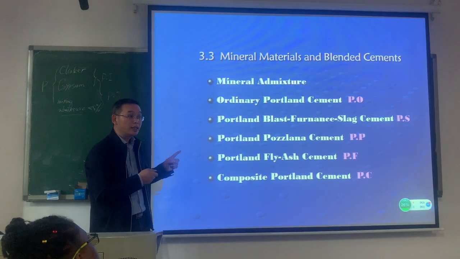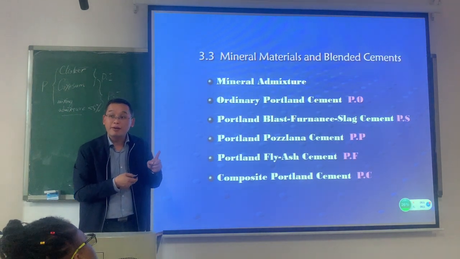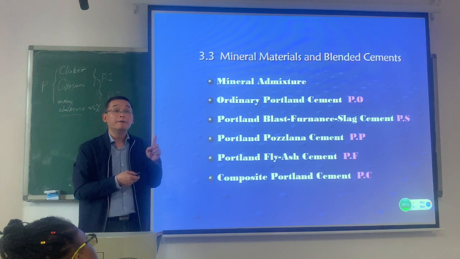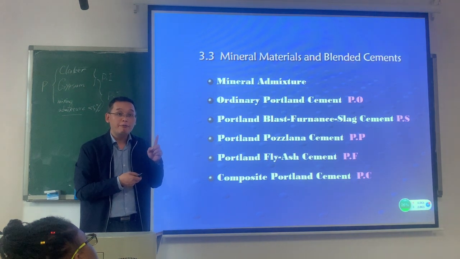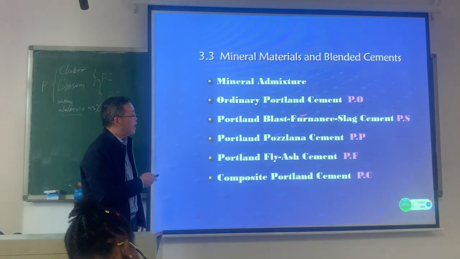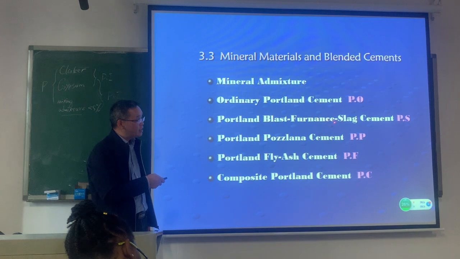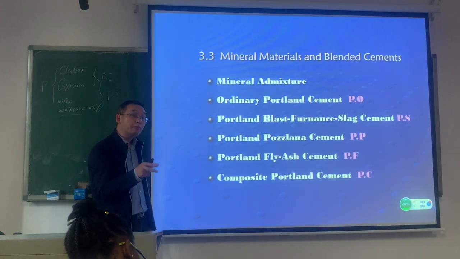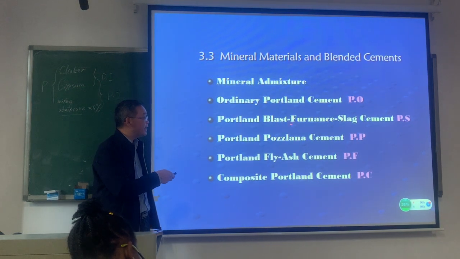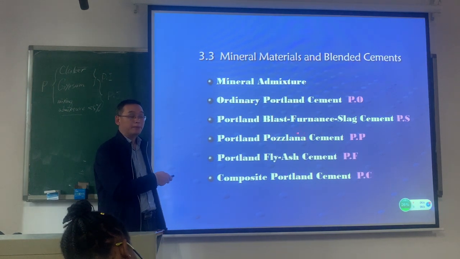It means the content of the mineral admixture is bigger than 5%, but lower than 15%. And if we add a lot of granulated blast furnace slag into the Portland cement, we can get this kind of Portland slag cement.